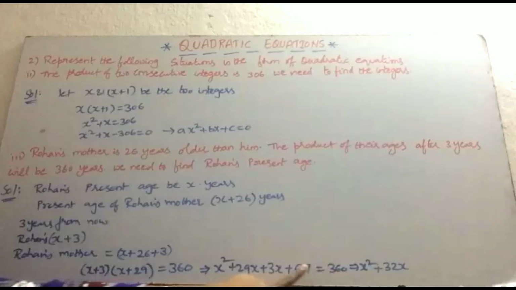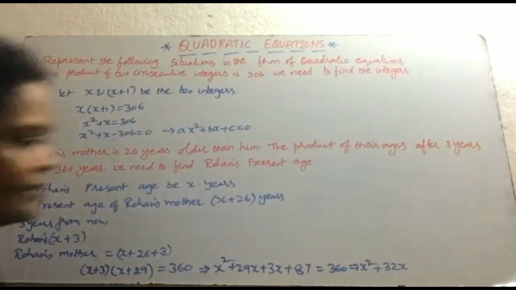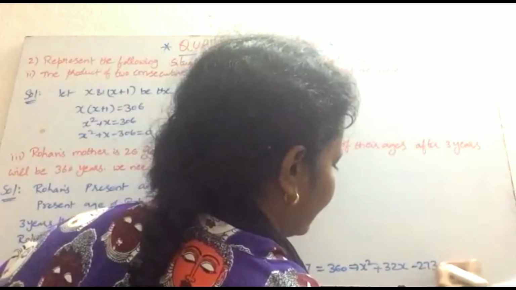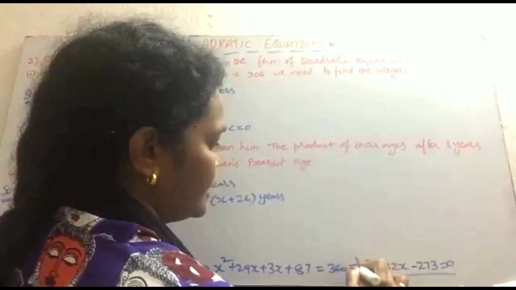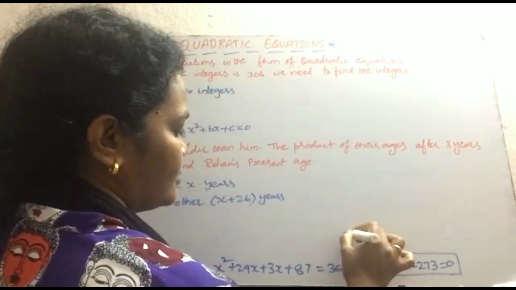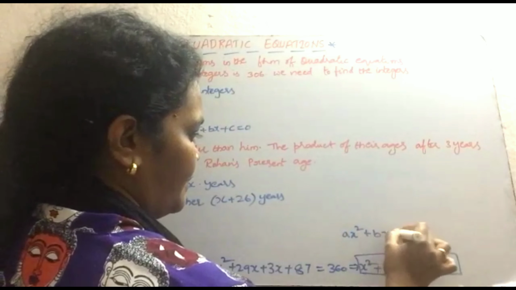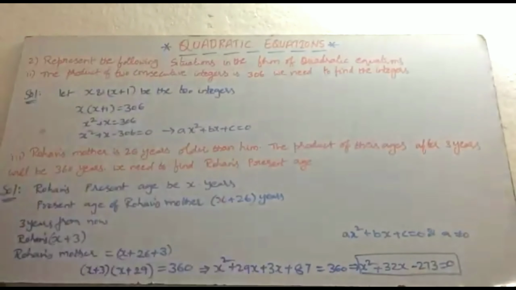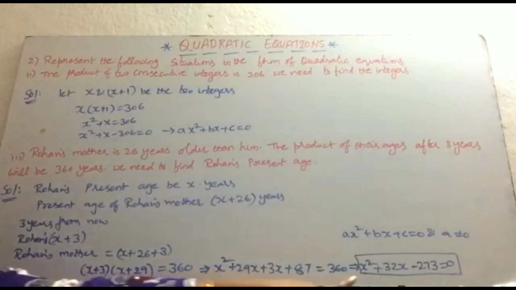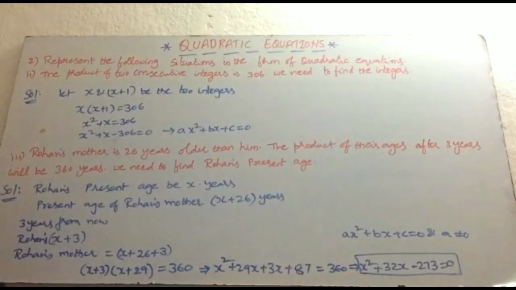I will take this 360 to this side: minus 360 plus 87, which is minus 273, equal to 0. This is in the form ax squared plus bx plus c equals 0 and a not equal to 0. So this is a quadratic equation. Therefore, Rohan's present age satisfies the quadratic equation.